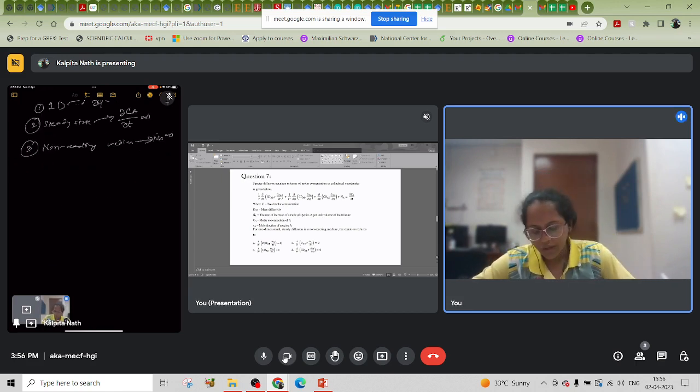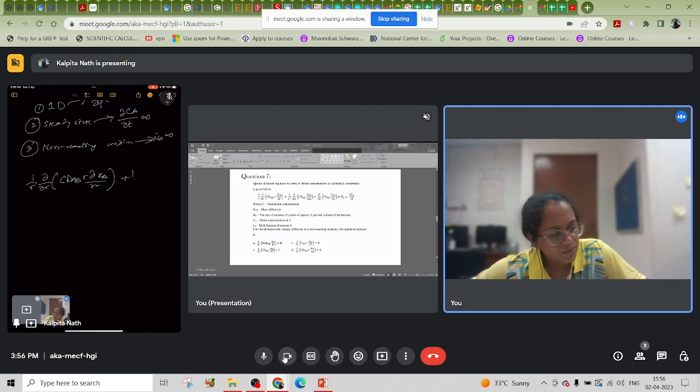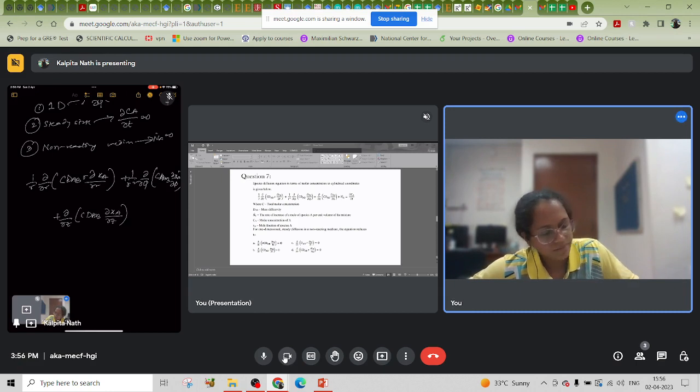So this whole equation will reduce to 1 by r del r of (C D A B del x A del r) plus 1 by r square del phi of (C D A B del x A del phi) plus del z of (C D A B del x A del z) plus N A dot is equal to del C A del T.